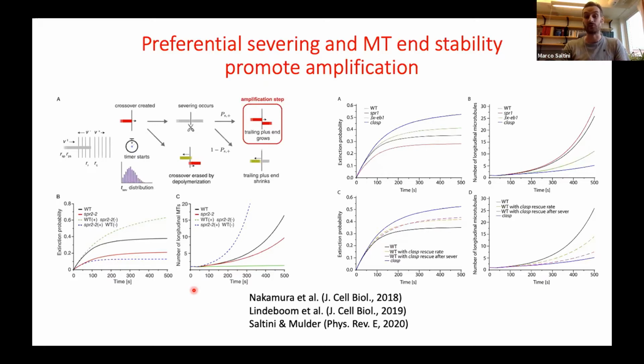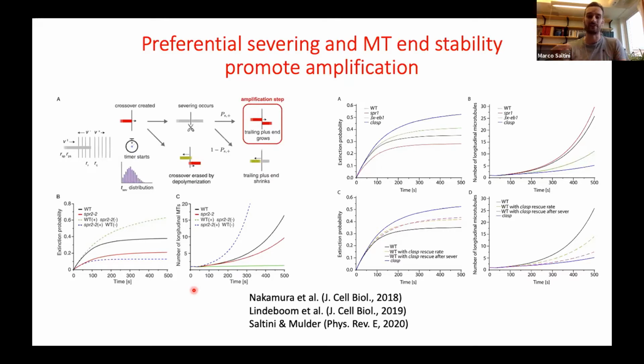But actually, this is not what has been observed by the experiments. Indeed, experimental observations have shown that this new longitudinal direction for the cortical microtubule array is maintained over long time scales. So the question is now, how is it possible that we can keep this array oriented in the longitudinal direction?